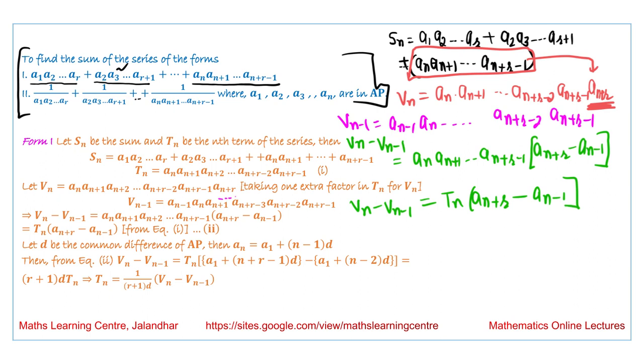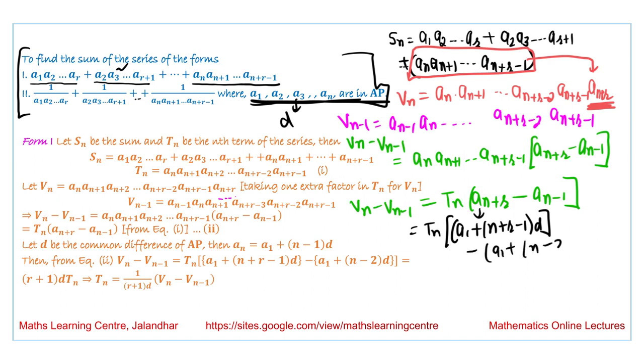Now suppose the common difference that we have for this AP, a1, a2, a3, and so on up to an, is d. Then if we substitute the values of these terms, it is equal to Tn into a1 plus n plus r minus 1 d, minus a1 plus n minus 2 d.